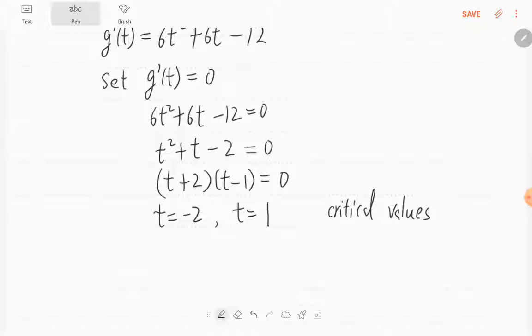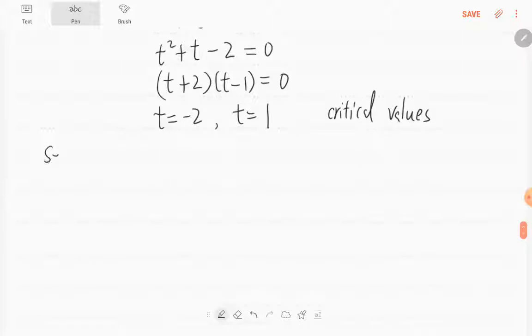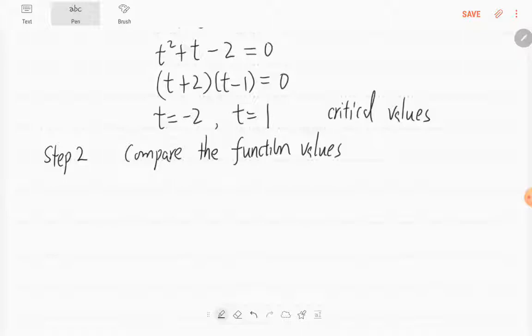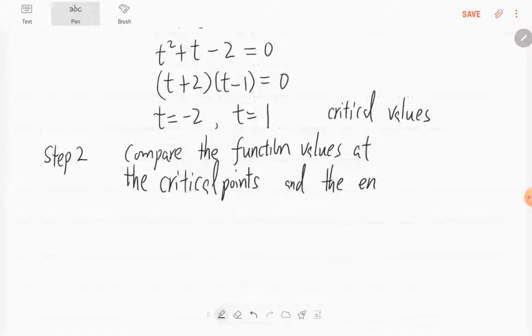So the next one, step 2. Step 2 is to compare the function values at the critical points or critical values and the endpoints. Here they are -4 and 2.